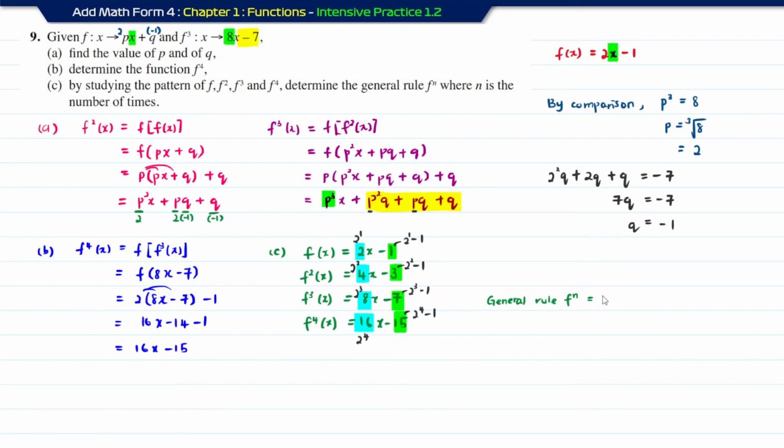So therefore, you're going to have 2^n x minus, put the brackets to it, (2^n minus 1). So if I expand this, you're going to have 2^n x minus 2^n plus 1. So that is the general rule for question C.